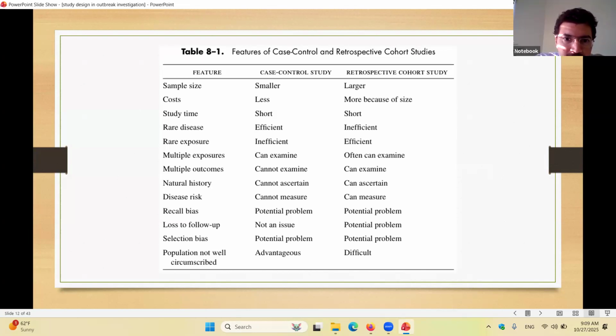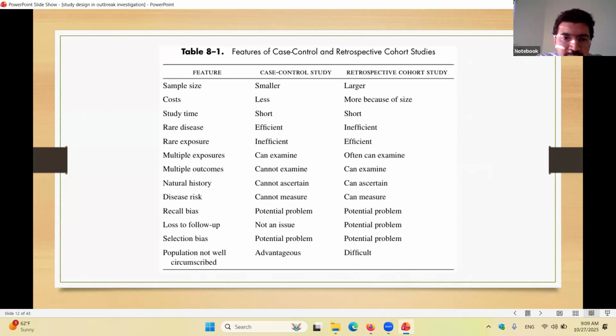About rare disease, case control studies are efficient, while retrospective cohort studies are inefficient. Case control studies are efficient for rare diseases, as I mentioned in the previous slide. In cohort studies, we follow up the individuals to see whether they develop a disease or not.